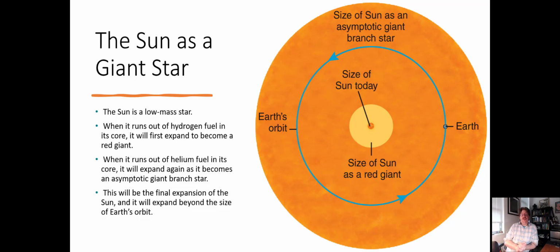When the sun becomes a red giant, the Earth is going to be a scorched ball. There's no life on it. And then once it becomes an asymptotic giant branch, it's no longer going to exist ever. And in fact, depending on certain models, Mars may not in fact exist, because the sun is almost as large as Mars's orbit.